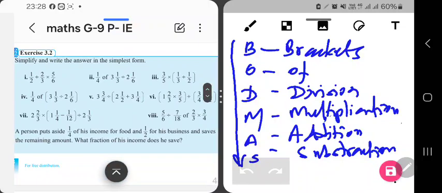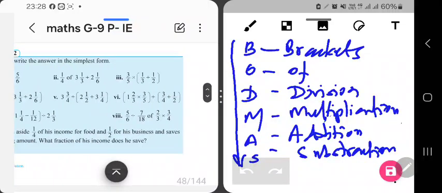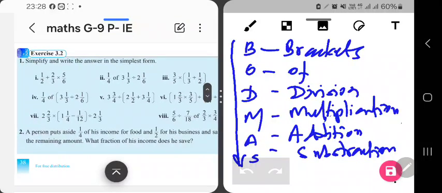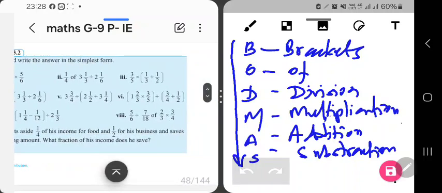So let's try this. Question number 1, exercise 3.2, question number 1, part 5. I'm going to use that first.